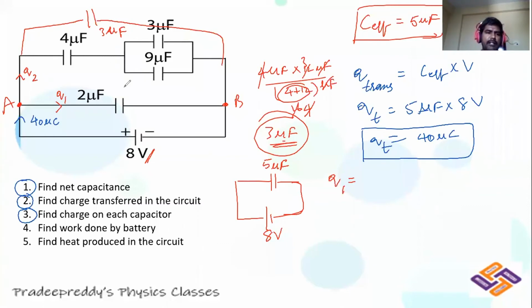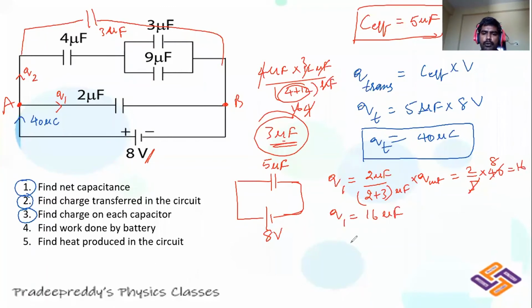Because these two are connected in parallel, Q1 can be written as 2 microfarad divided by 2 plus 3 microfarad into Q net. This is equal to 2 by 5 into 40. 5 8s are 40, 2 8s are 16. So Q1 is equal to 16 microcoulomb.